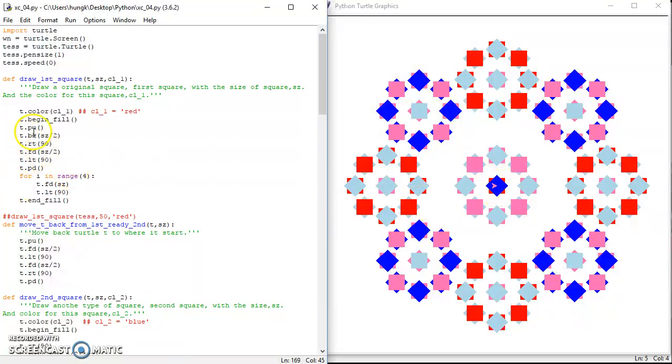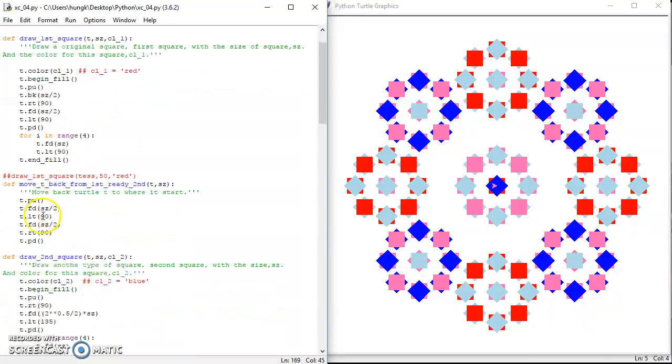Then you see the code. T dot color for the color I want to fill inside the square. Begin fill, and then pen up, back size over 2, right 90, forward size over 2, and left 90, and start to draw the square.